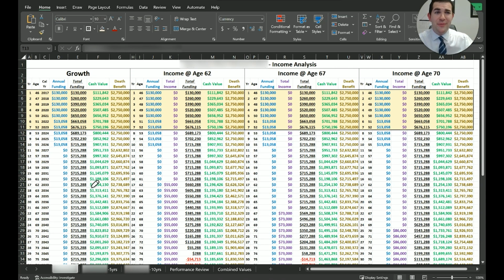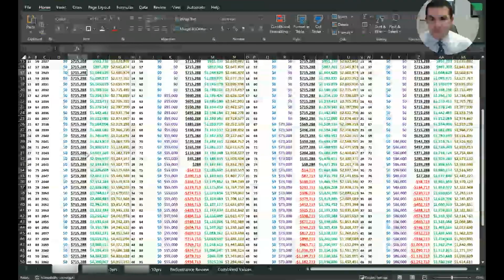So it's moving now because you did stuff it in the early years. Nice work with that, by the way. So the first illustration on the left displays what the policy looks like if you just let it sit and grow. It's based on the 2024 dividend rate of 6.1% moving forward, but this assumes you never touch it.